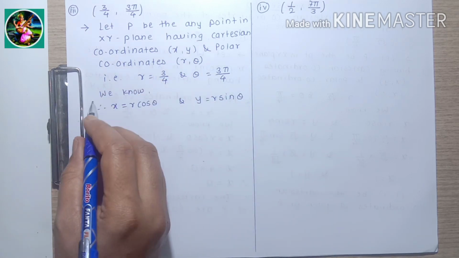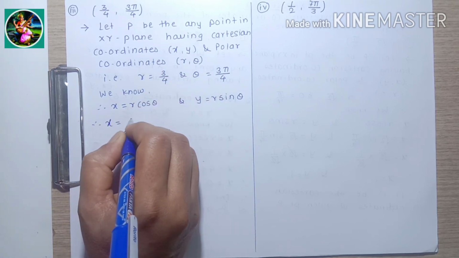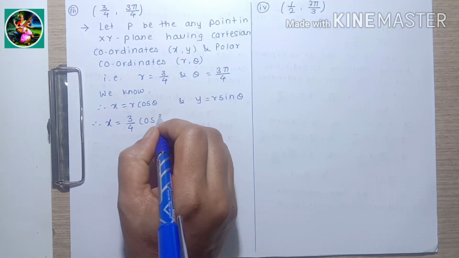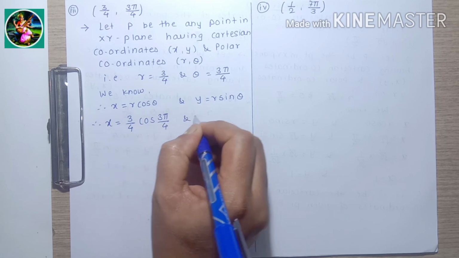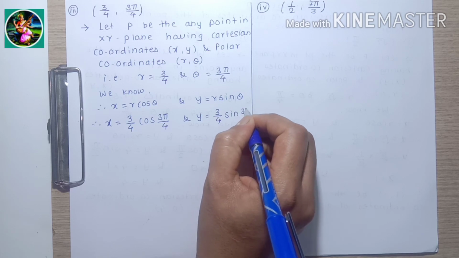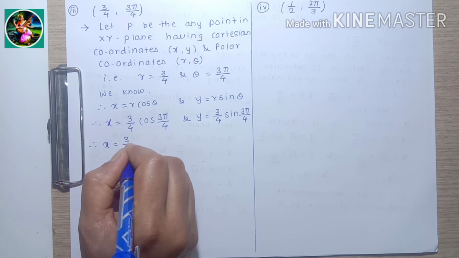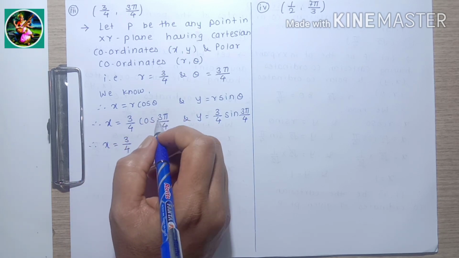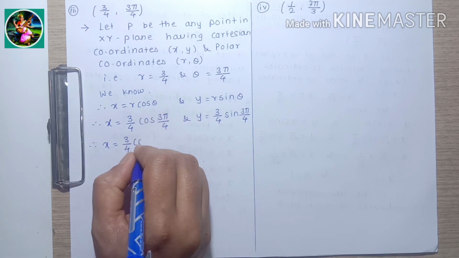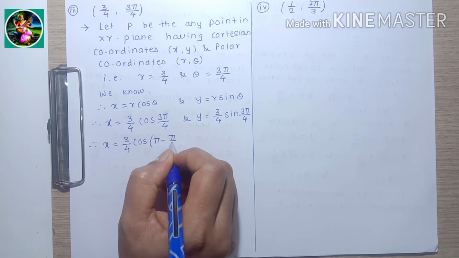Here we substitute the values of r and theta. We get x is equal to 3/4 cos of 3 pi by 4, and y is equal to 3/4 sin of 3 pi by 4. We obtain the value of cos of 3 pi by 4 using the allied angle formula, that 3 pi by 4 means pi minus pi by 4.